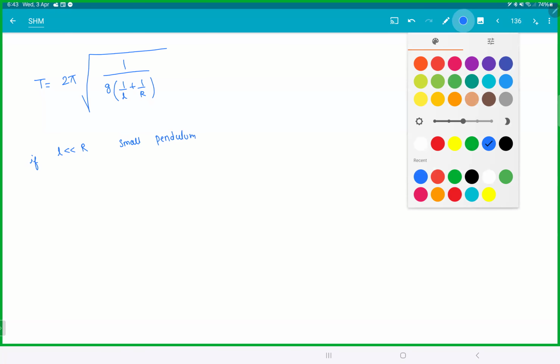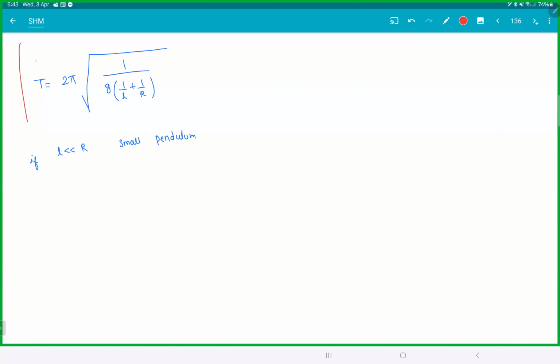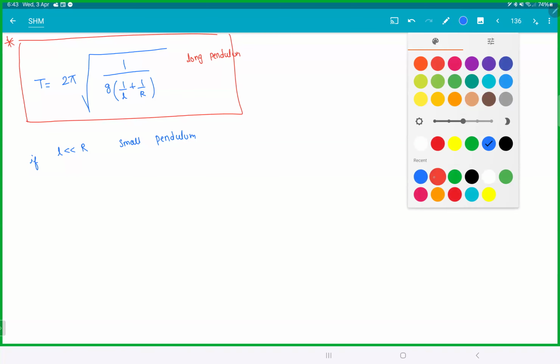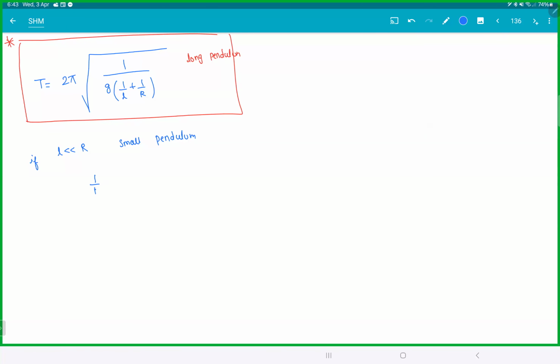This is the formula for long pendulums. Then 1 by R will tend to 0. Then the time period will be 2 pi root over L by g, which we know.